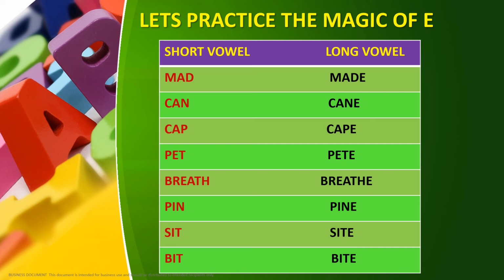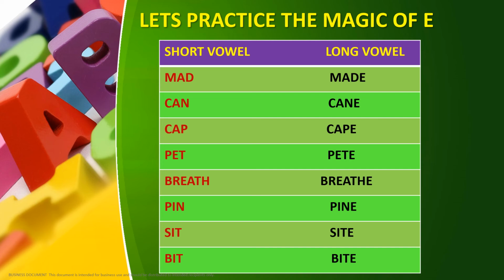Pin. Pin becomes pine. So when an E is added at the end of the word pin, I starts giving its own sound like I, pie, pine. Okay. Sit. Sit becomes sight. In sit, I sounds like I, and in sight, I sounds like its original sound, I. And how did that magic happen?